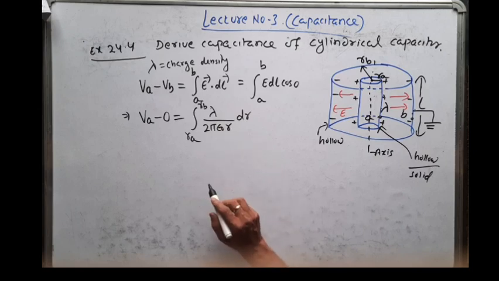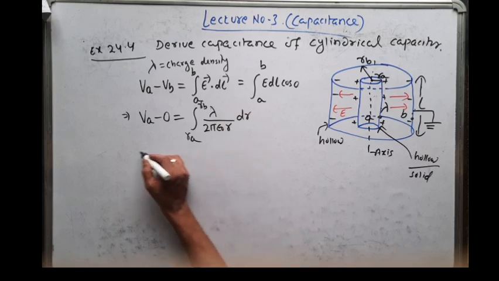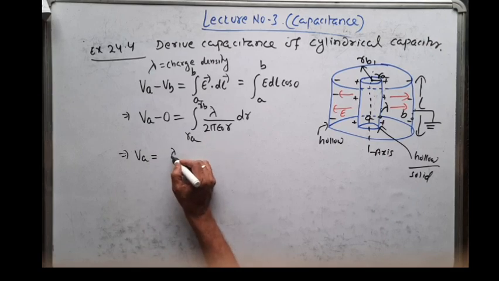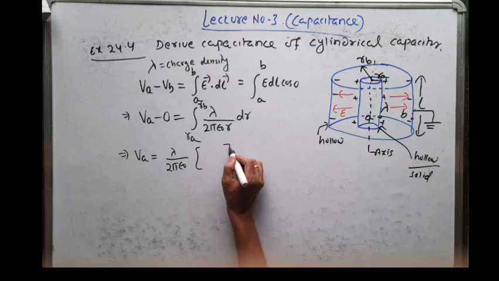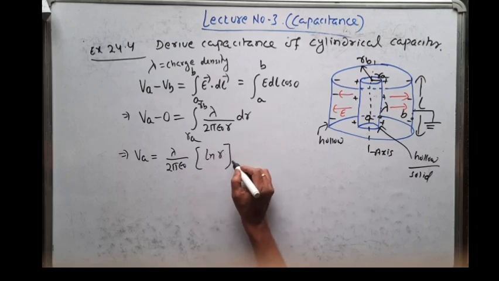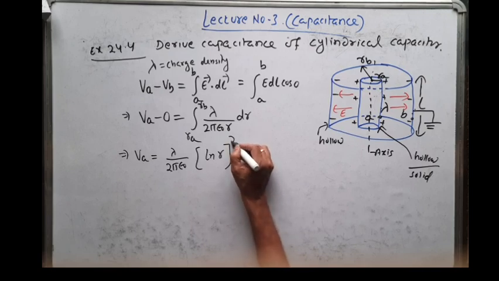Now you have to integrate. So VA is equal to lambda by 2 pi epsilon naught, which is a constant, into the integration of 1 by r dr. You know it is ln r, with lower limit RA and upper limit RB.